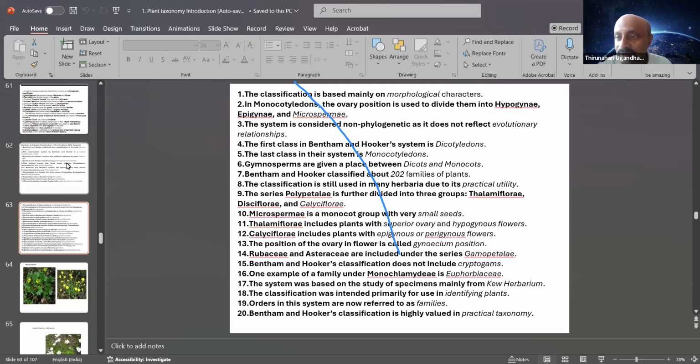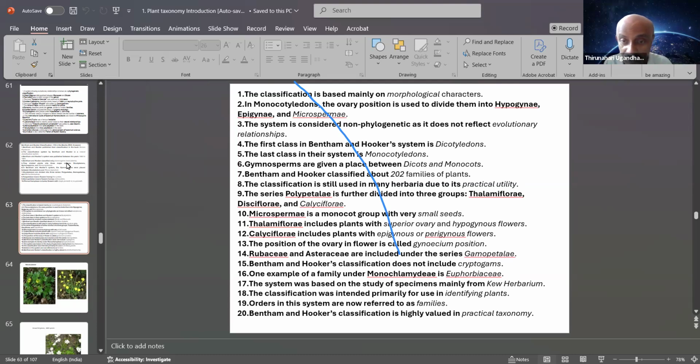Basic identification of plants, also called nomenclature, is based on the flower parts like petals, sepals, androecium, gynoecium, the number of stamens and the number of carpels, which are morphological characters. So the classification is still used in many herbaria. The series polypetalae is further divided into three groups: thalamiflorae, calyciflorae, and disciflorae.